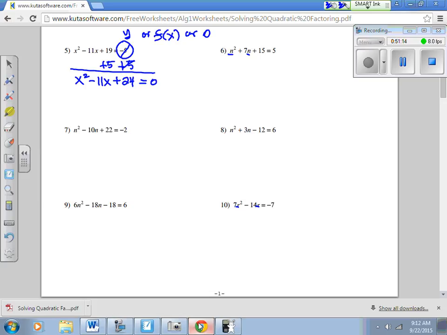Yeah? Once you get the 0 there, that 0 is the same as y, or f of x. Now you can go ahead and use either the quadratic formula or factoring. Yeah? All right.